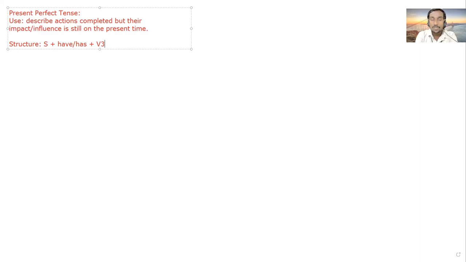V3, past participle. Okay, V3 means past participle, past participle means V3, for our understanding. And then there is the remaining part of the sentence. It can be an object, and a full stop. Again, try to understand which voice this is. This is active voice.